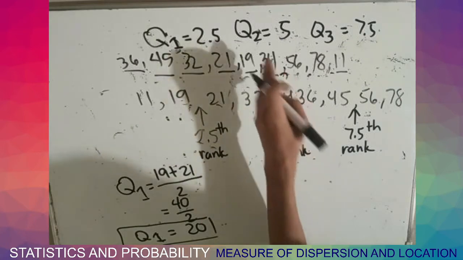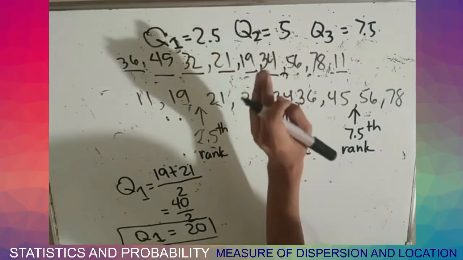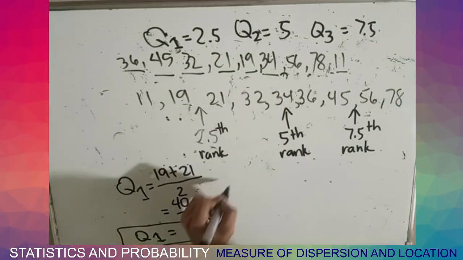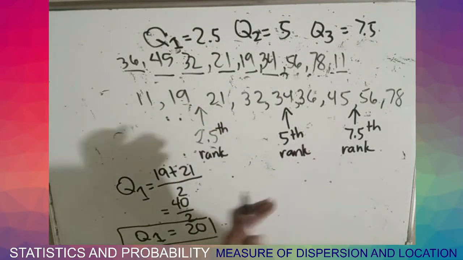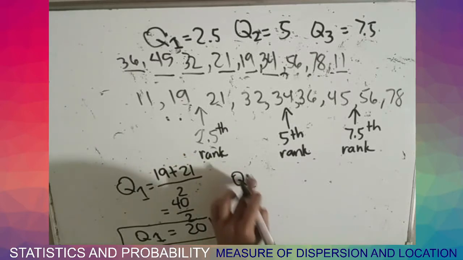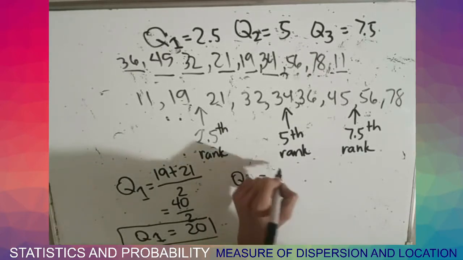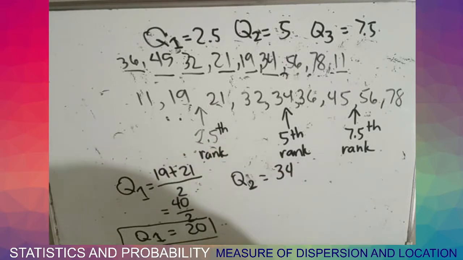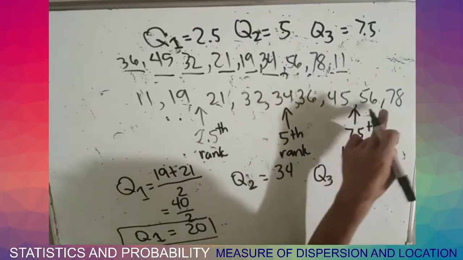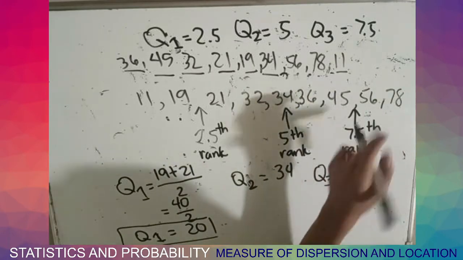Okay, next. Since yung ating fifth rank ay tumapat sa number, dahil whole number yung ating quartile location, kung saan yung tumapat, siya na yung ating quartile. Ibig sabihin, ang Q sub 2 natin will be 34. Then, si Q sub 3 naman, ganun pa rin. Pagpa-plusin pa rin natin yung dalawang number kasi nasa gitna siya.